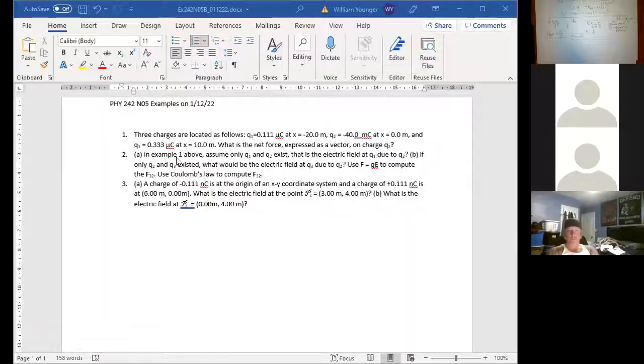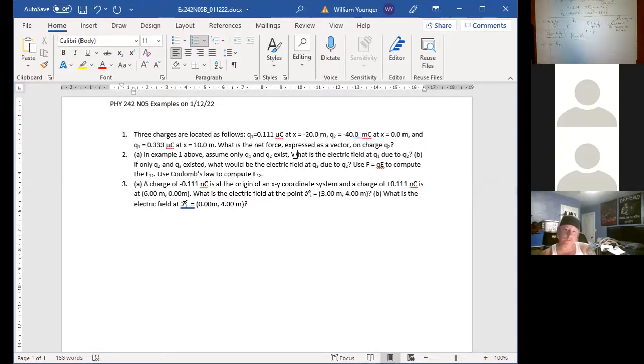So it says in example 1 above, assume Q1 and Q2 exist only. In other words, we're ignoring Q3 for part A. What is the electric field at Q2 due to Q1? So this is example 2, part A, and we want to know the electric field at 2 due to 1.